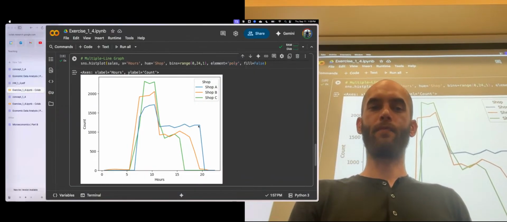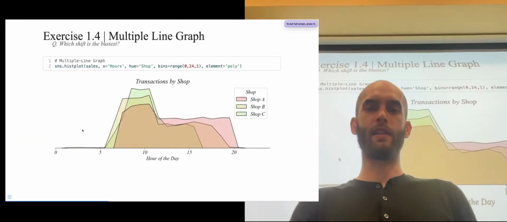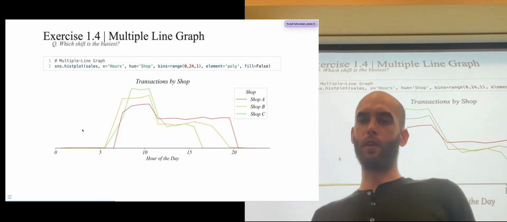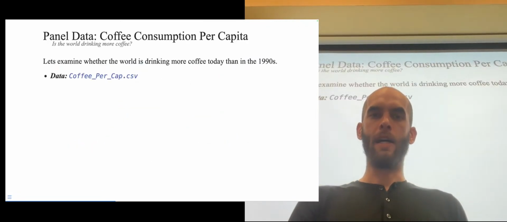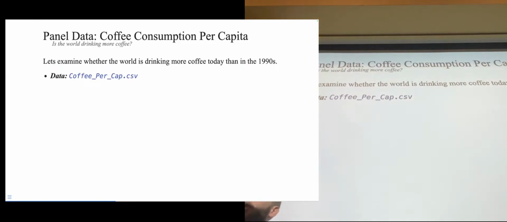All right. So that's awfully nice. We have this figure if we like this, but I personally like the fill taken out. So we have this one. This is all in long format panel data.